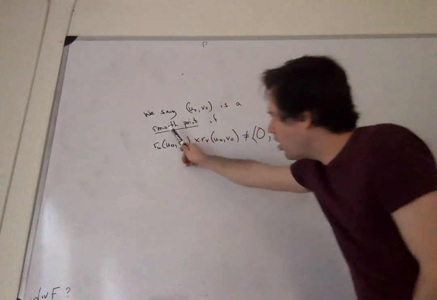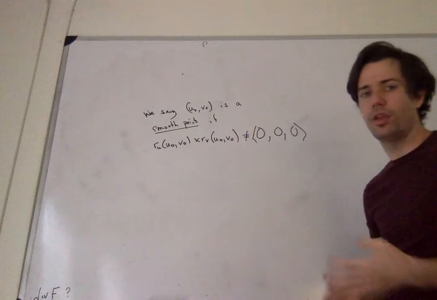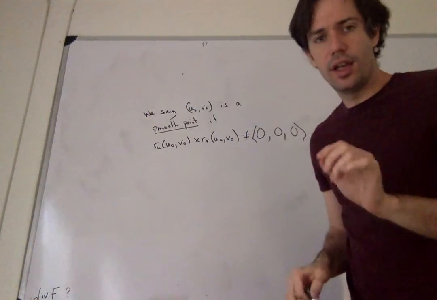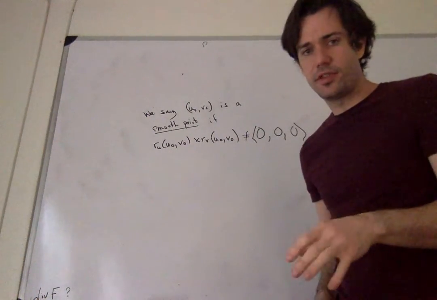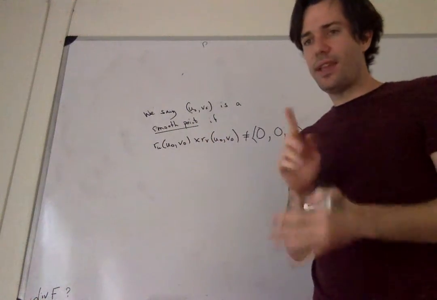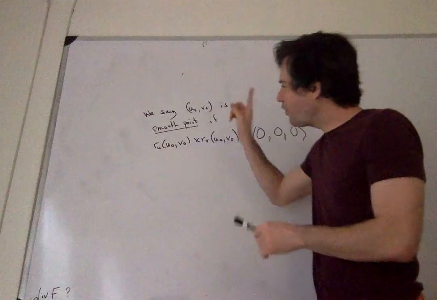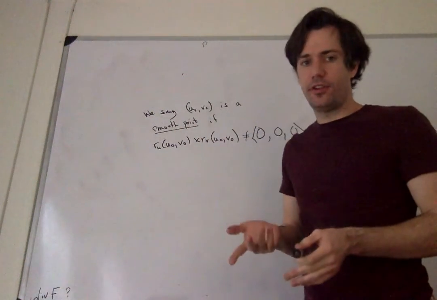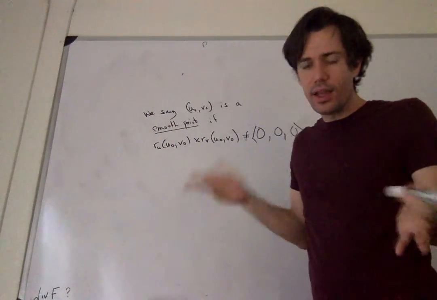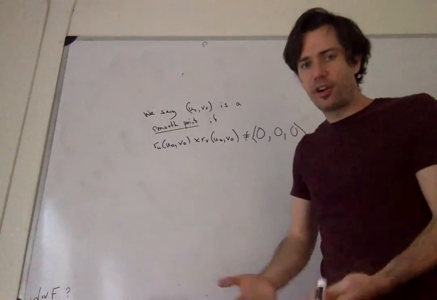So why is it called smooth? Well, there's a motivation for it. We're pretty much done with this video, but let me give a reason, and then we'll be done. And one more thing. If every point on your surface is a smooth point, then we say that the surface is smooth.